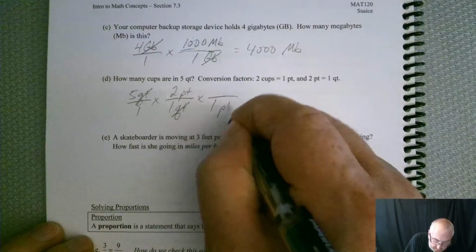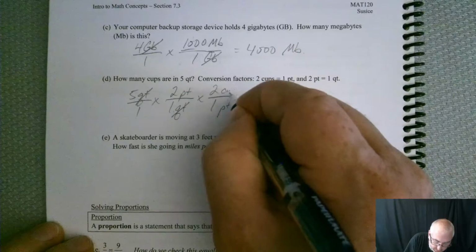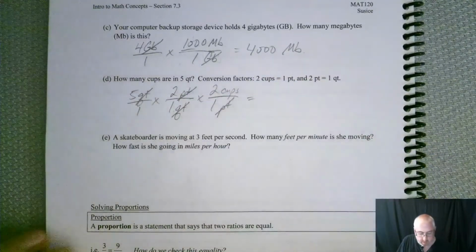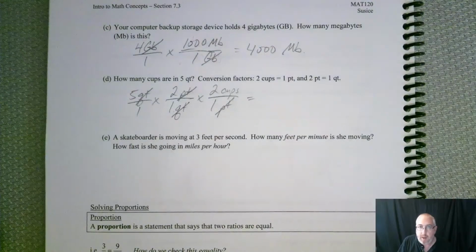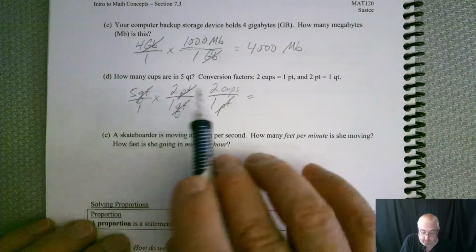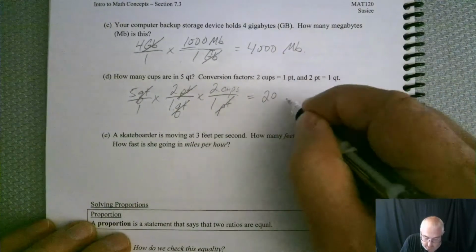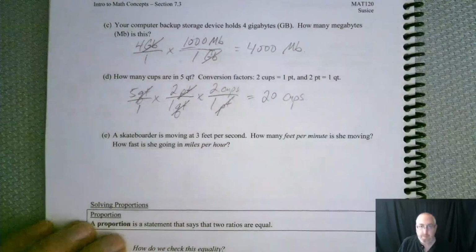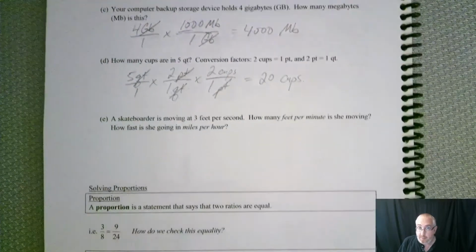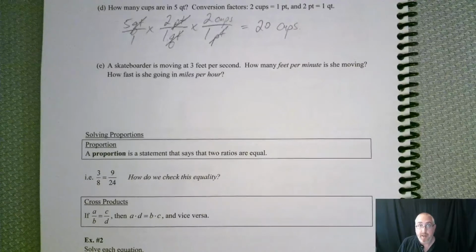So 1 pint on the bottom, 2 cups on the top. Cross cancel those units. And now what are we left with? How many cups? Just multiply all 3 of them. 5 times 2 times 2, which is 20. So 20 cups.